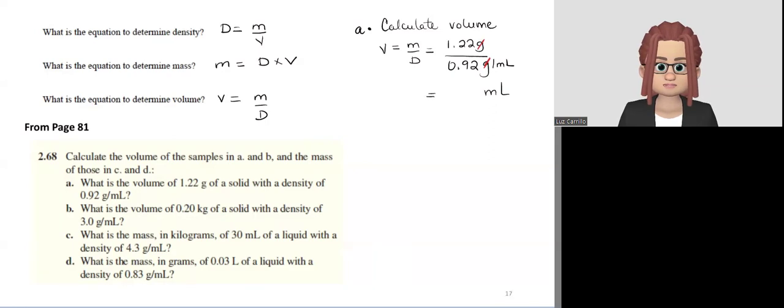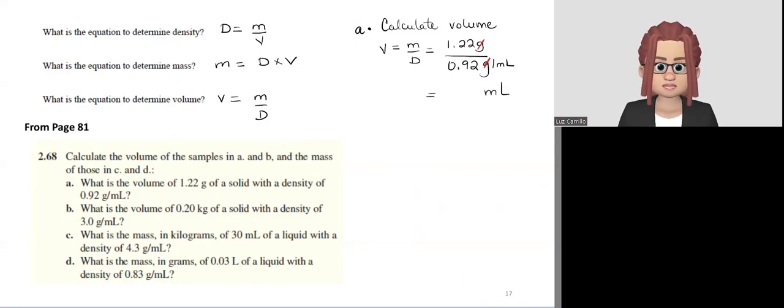When I take these two numbers, 1.22, and I divide it by 0.92, I have many digits in my calculator display. But utilizing the rules for significant figures in measurements, depending on the mathematical operation, how many sig figs do I need in this volume?